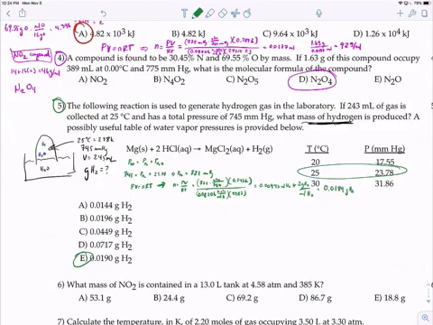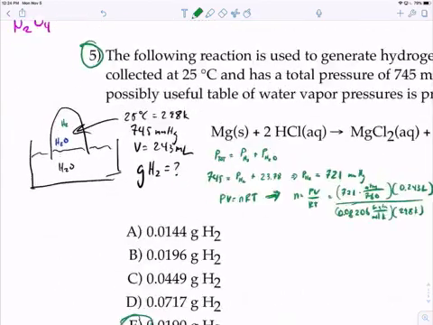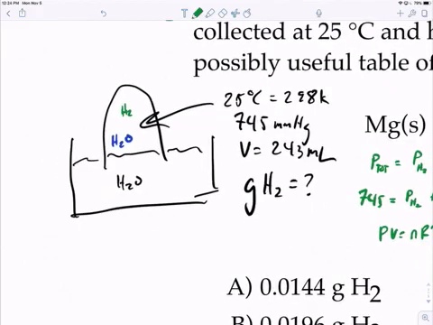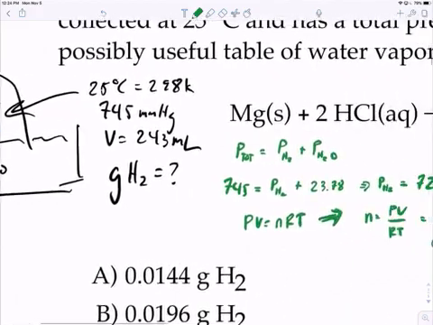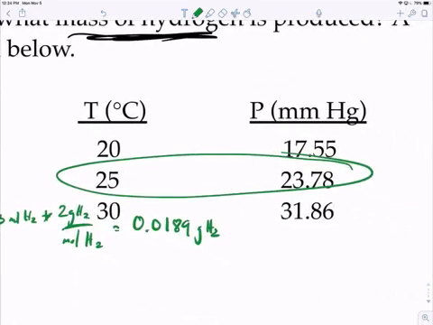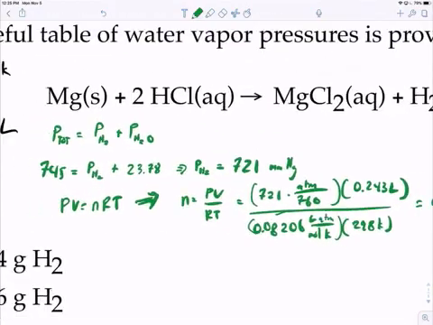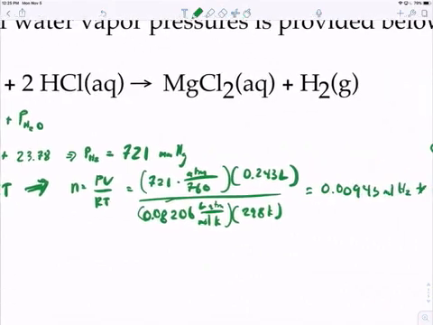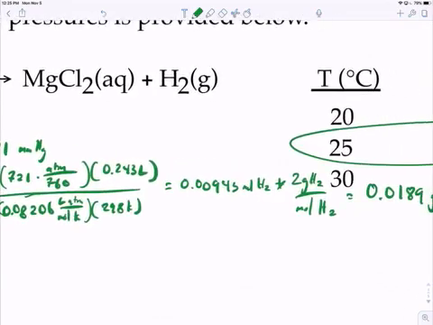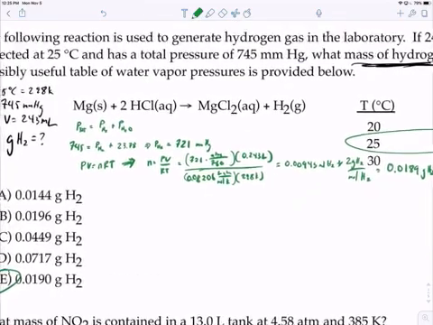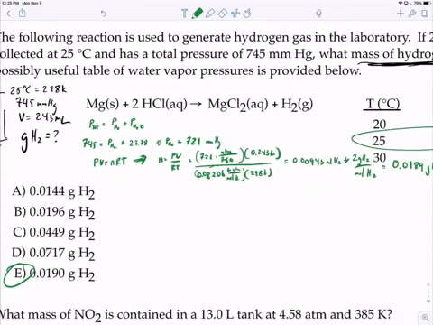So, what's the mass of hydrogen? Here are the conditions, and there's a mixture of hydrogen and water. So step 1, subtract the vapor pressure of water, which is given to us right there, and get the partial pressure of hydrogen to be 721 millimeters of mercury. Solve for moles with the ideal gas law, and then multiply by 2 grams hydrogen per mole hydrogen, and we get 0.019.